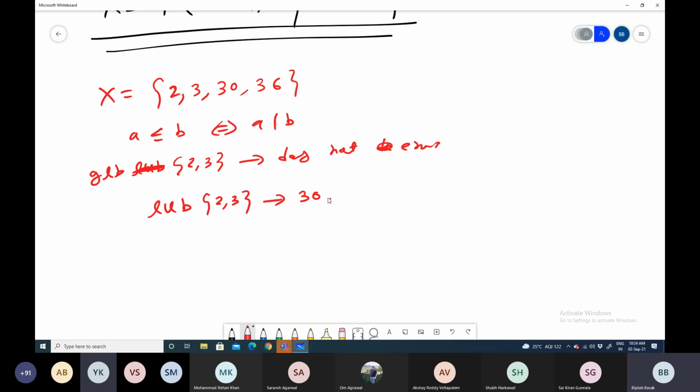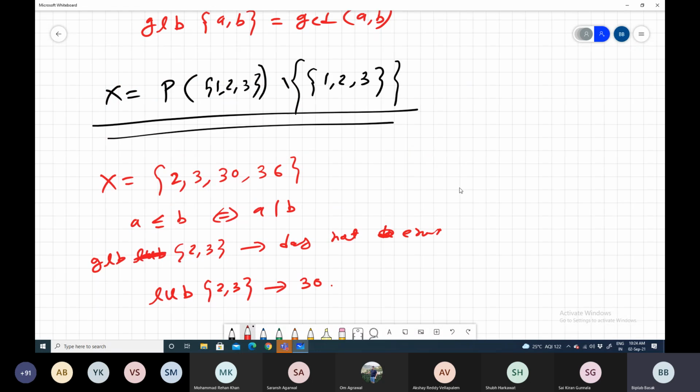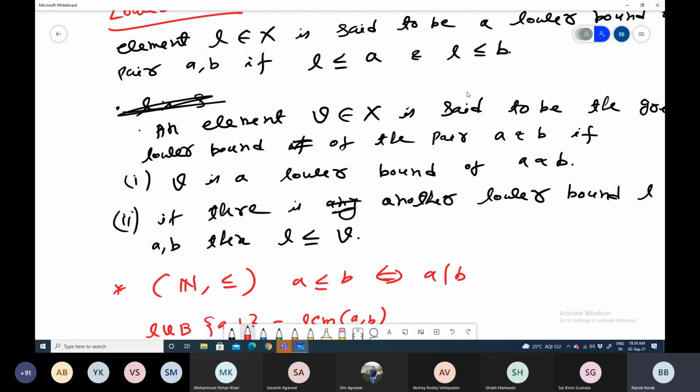Oh, just a minute. So why is it 30 and not 36? Just a minute. That is a good observation actually. So what was our definition?